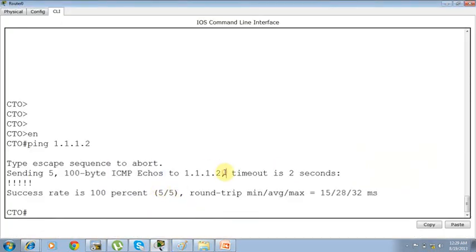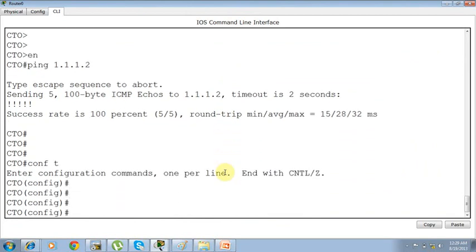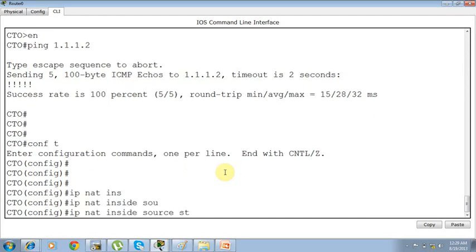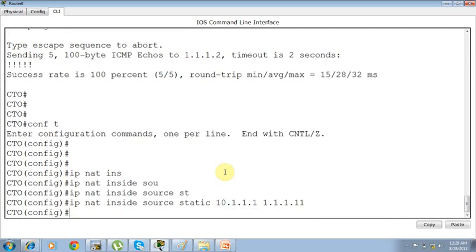Here right now we are on the CTO router. I configure here ip nat inside source static 10.1.1.1 1.1.1.11 and 10.1.1.2 1.1.1.12.